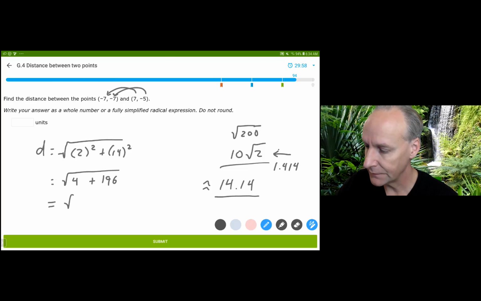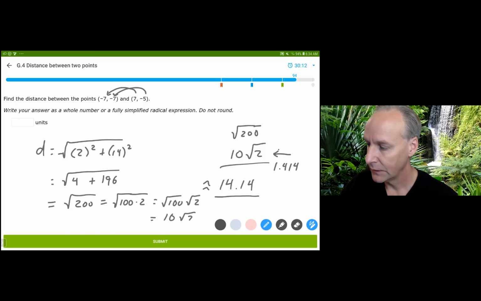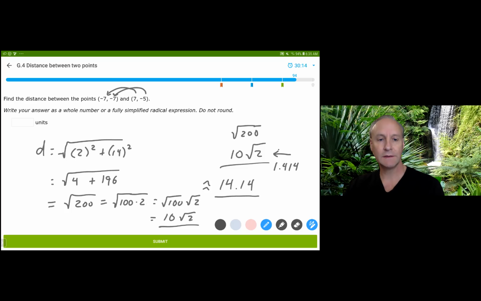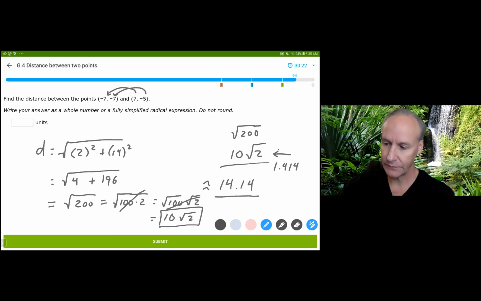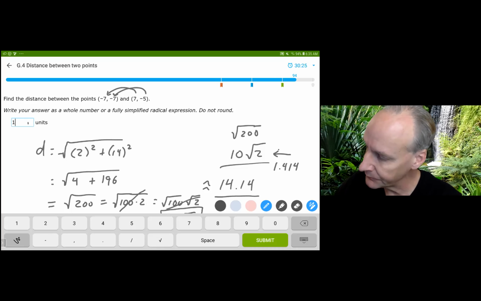And that is the square root of 200. If you want to see the steps, it's the square root of 100 times 2, which is the square root of 100 times the square root of 2, which is 10 root 2. Be careful. A lot of students start skipping this step and this step a little too early, and then they have problems with reducing the radicals. So there's your radical expression, 10 root 2.